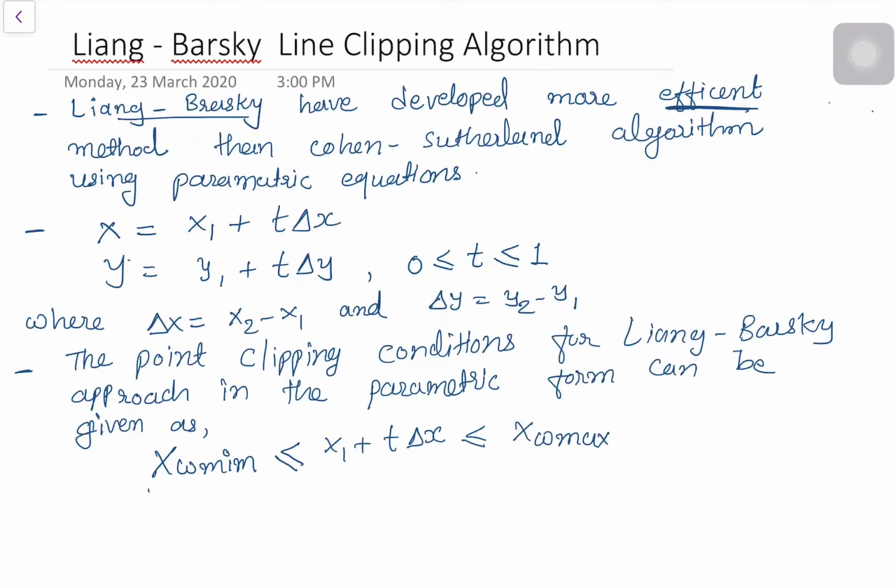Similarly, yw minimum is less than or equal to y1 plus t del y is less than or equal to yw maximum.